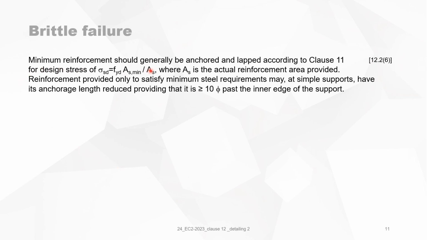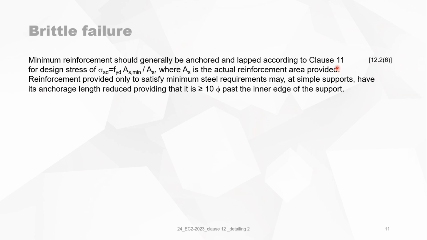Minimum reinforcement should generally be anchored and lapped according to clause 11. We will handle this clause 11 in other videos. So the minimum reinforcement, most engineers forget about that. Minimum reinforcement is also subjected to anchoring and lapping.